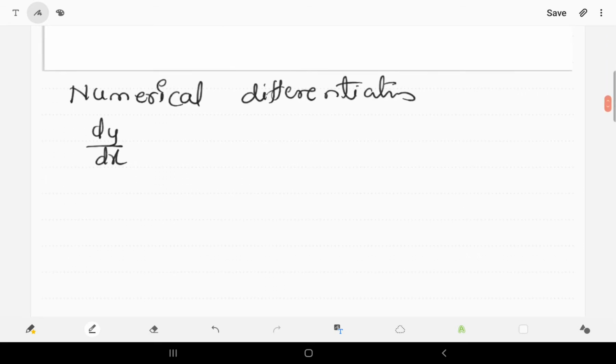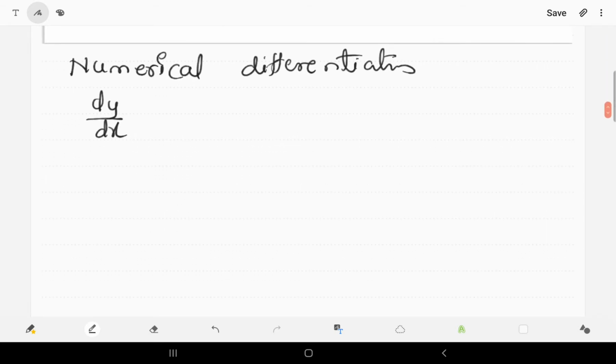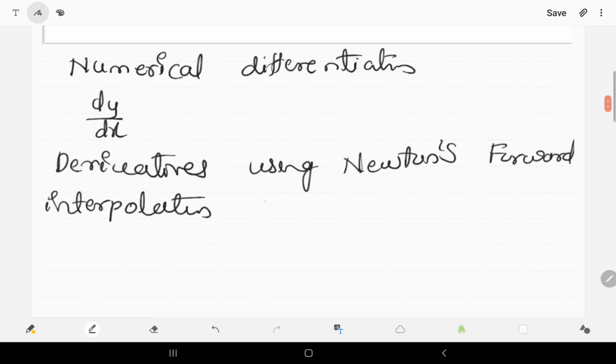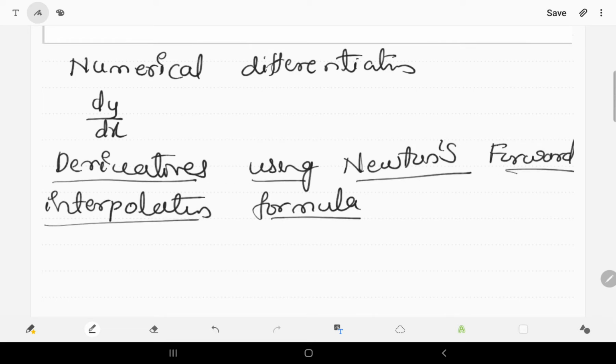Okay, so let us derive the derivatives using Newton's forward interpolation formula.